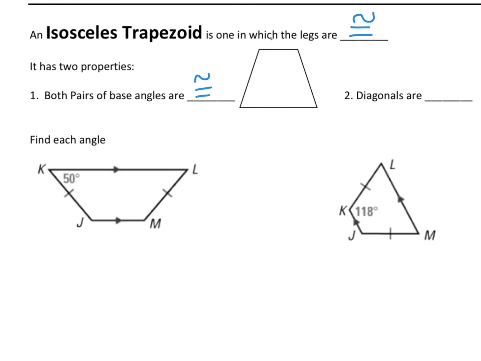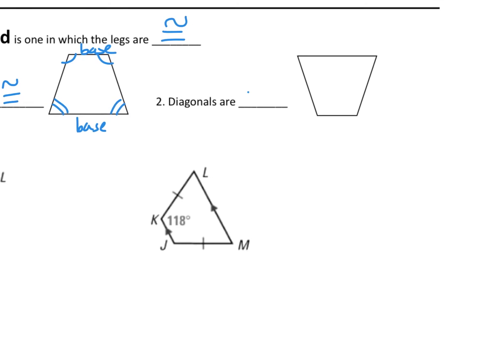Remember we have our base, and the two angles on that base are congruent. Here's our other base, and these two angles attached to it are congruent. The diagonals of an isosceles trapezoid are also congruent.